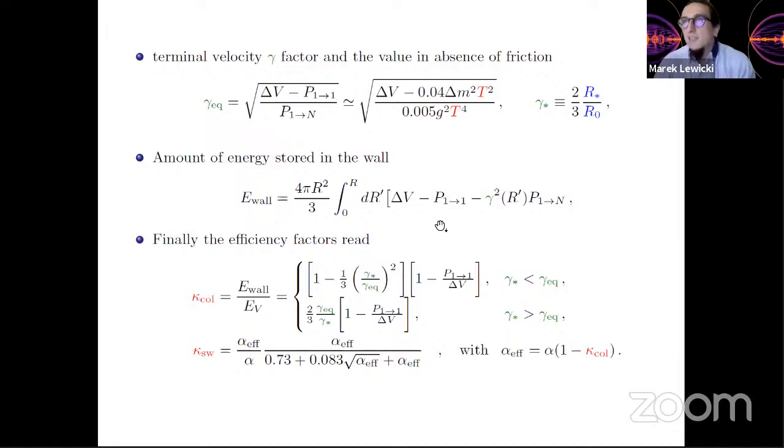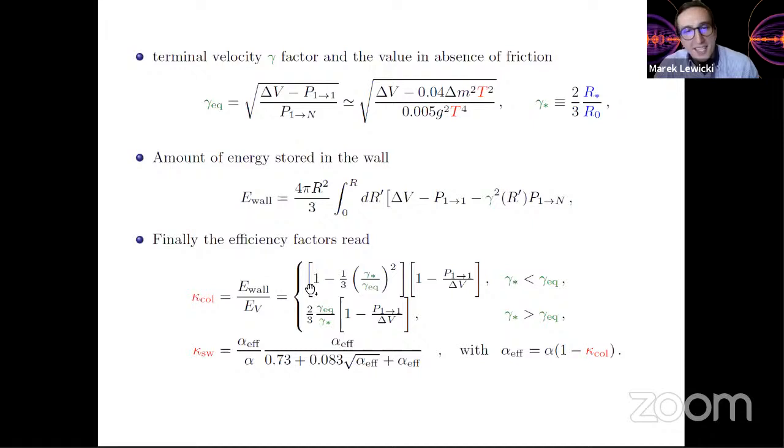As long as the wall is accelerating, the energy goes into the wall, which becomes more and more energetic. So as long as gamma star is smaller than gamma equilibrium, which means the walls did not stop accelerating by the time they collided, we get something which is basically equal to 1.